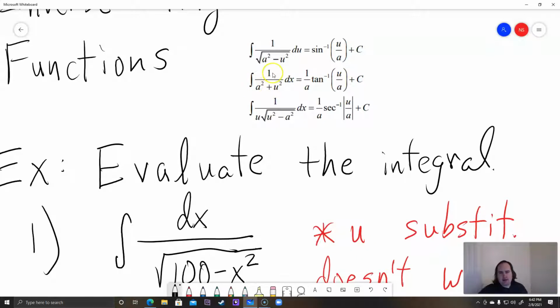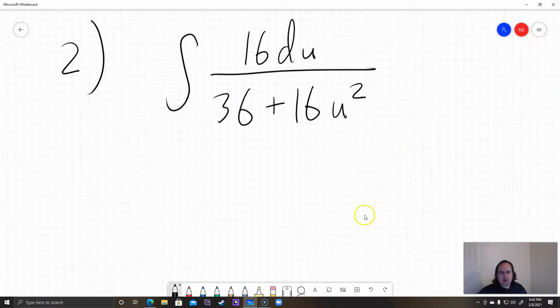So the integral of 1 over a squared plus u squared du, this is supposed to say du, is actually 1 over a times tan inverse of u over a. In ours, we want to get it in this format, 1 over a squared plus u squared.